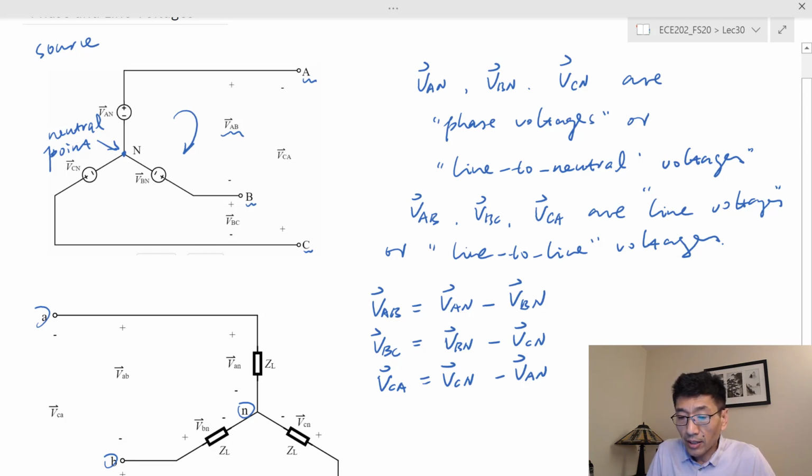Very rarely do you talk about the line-to-neutral voltage, unless you are really doing calculations and you specifically point to the line-to-neutral voltage. Otherwise, in any three-phase system, when you talk about the voltage, you're referring to the line-to-line voltage, mostly in RMS value. Okay. So next we're going to look at the positive sequence and negative sequence.